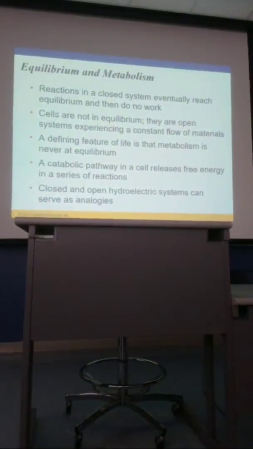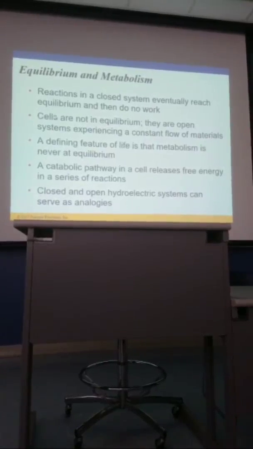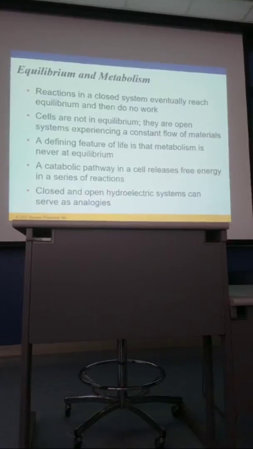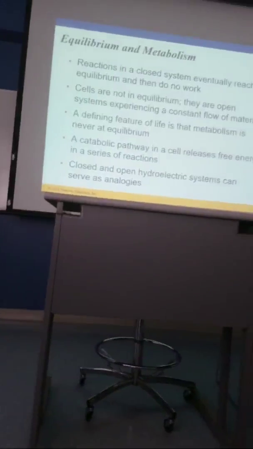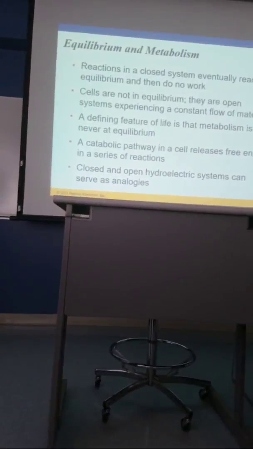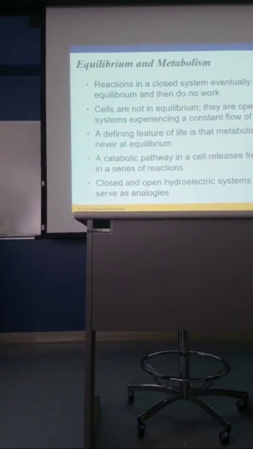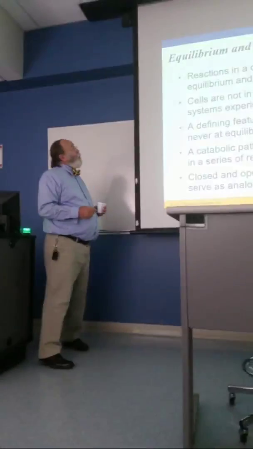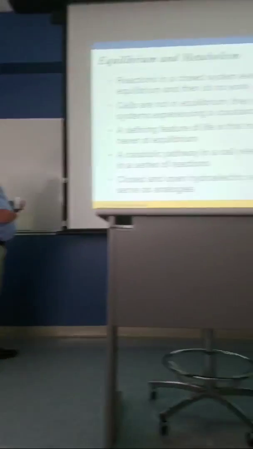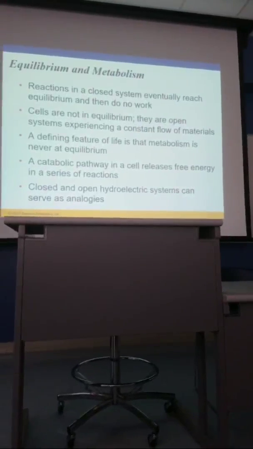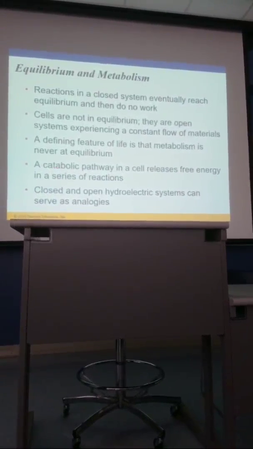Notice here we're talking about the only time, and this is something else to remember, the only time a cell or an organism is going to reach equilibrium is going to be in death. Once it reaches equilibrium, then everything in it stops and all of its reactions stop. So that occurs in death. Notice they're not in equilibrium. We're open systems and there's constantly things happening and going on.